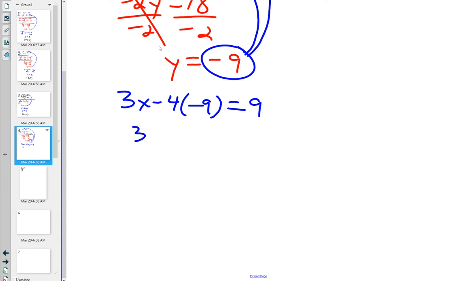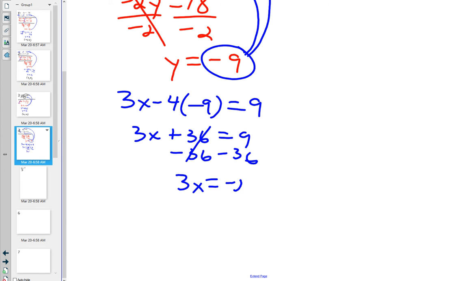So I like to multiply. Negative times negative is positive. Minus 36. So 3x is equal to negative 27 divided by 3. Not only was y negative 9, x also ended up being negative 9 as well.